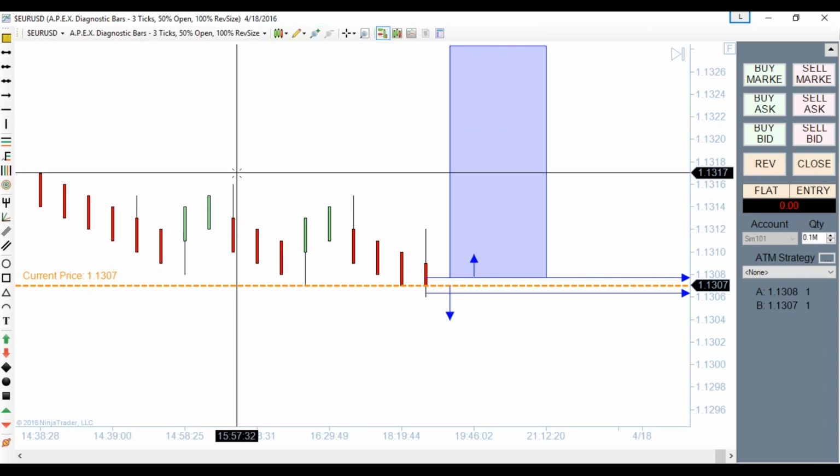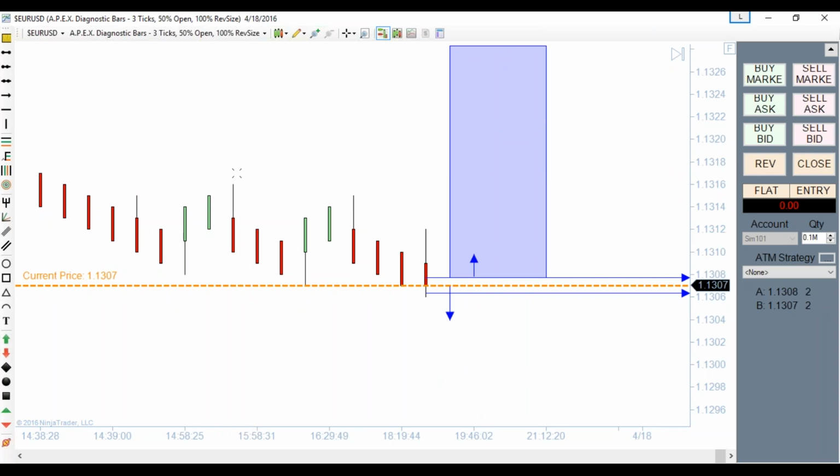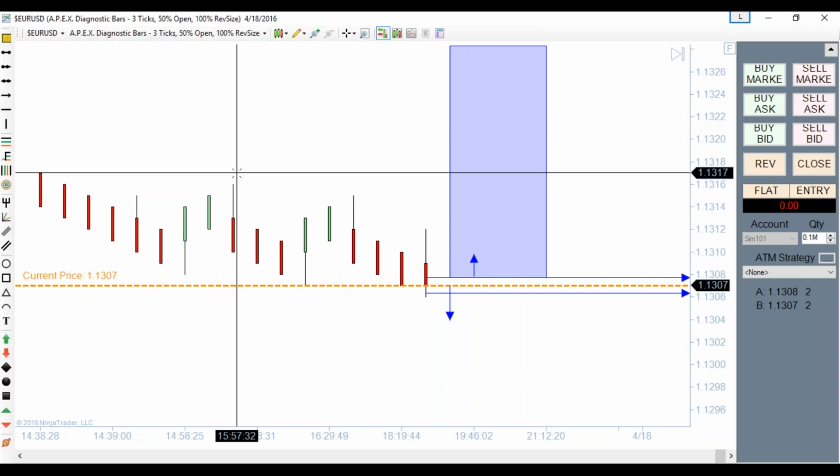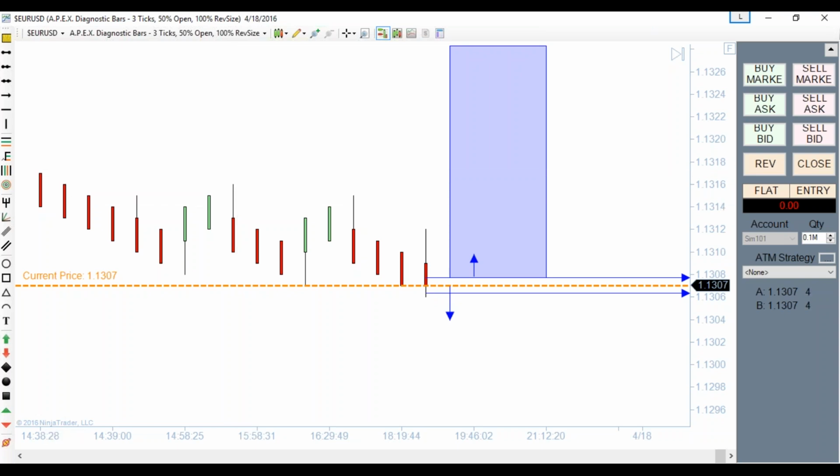I do recommend for new traders and for traders with smaller accounts that they do spreads, and I think you can see why I would do that. You definitely have a potential for higher profits when the markets really move, and you've got much lower, manageable risk that doesn't boil down to all or nothing.